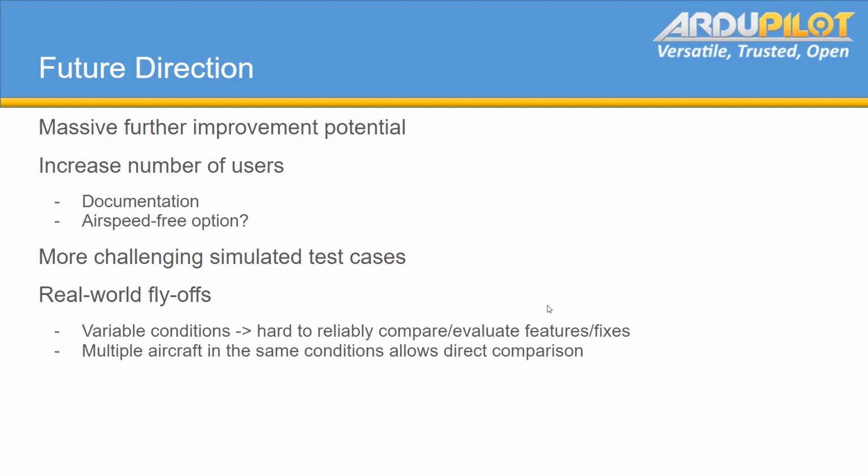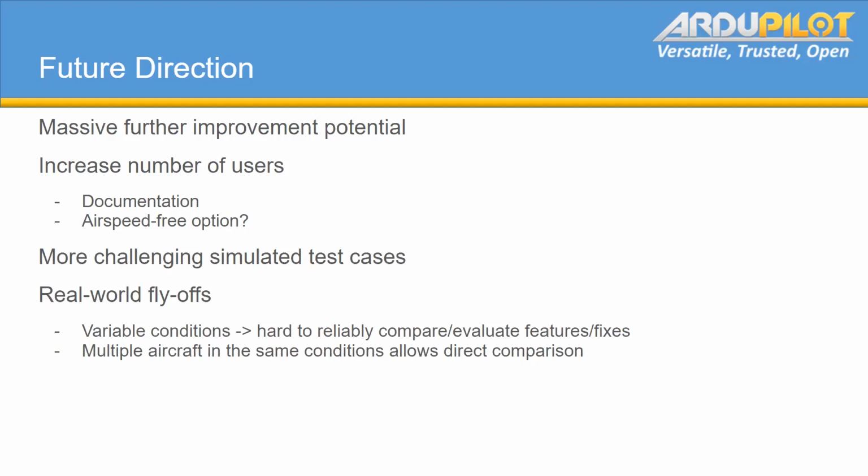So to wrap up, there's only 5 minutes left, so I'll wrap up fairly quickly. With soaring in general, as we've already discussed with some other possible improvements, there's massive potential for future optimizations and future features to improve the performance of this kind of aircraft. But also, I think that the current features would really benefit from a wider community of users and testing.